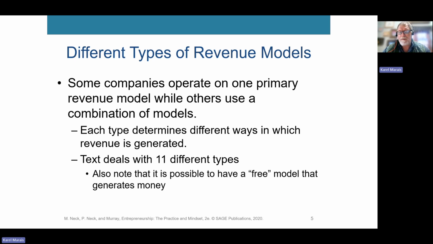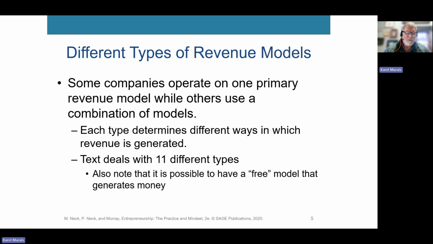The types also determine different ways in which revenue is generated. But this affects who your customers will be. A retailer, for example, that generates retail through online sales is probably attracting people that like to buy stuff on their phones rather than to travel to the shops. And that might mean they're not necessarily your end user, right?